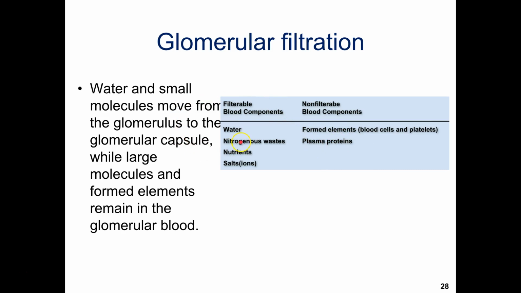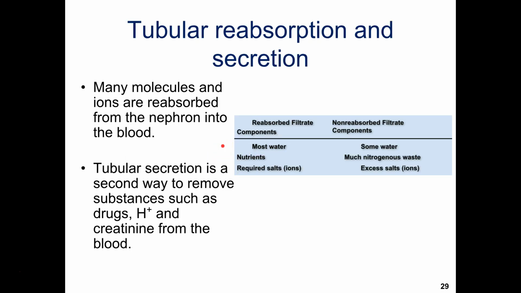Stuff that gets filtered, or stuff that can be filtered anyway, is water, nitrogenous wastes, nutrients, and salts. And remember, you're going to want to keep some of these things, which is where the next stage comes in, the tubular reabsorption and secretion. So many molecules that were in the filtrate are actually reabsorbed into the blood.